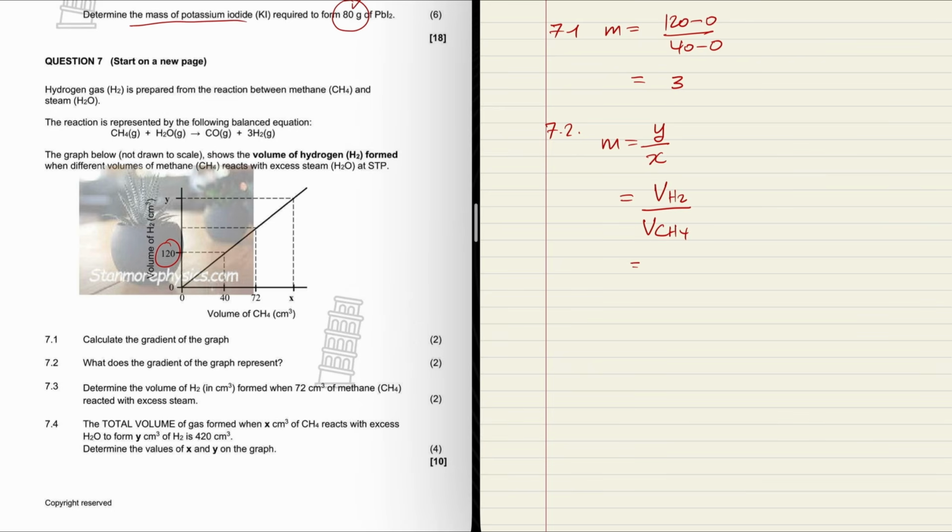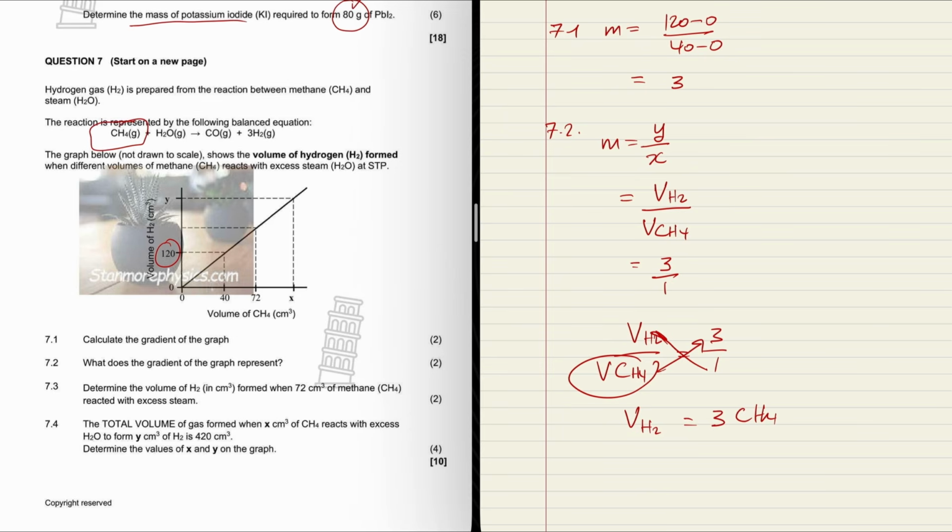Now this is a 3:1 ratio, right? So in other words, the volume of H2 divided by the volume of CH4 is equal to 3/1. Now if I cross multiply, I'm going to get the volume of H2 is equal to 3 times the volume of CH4.